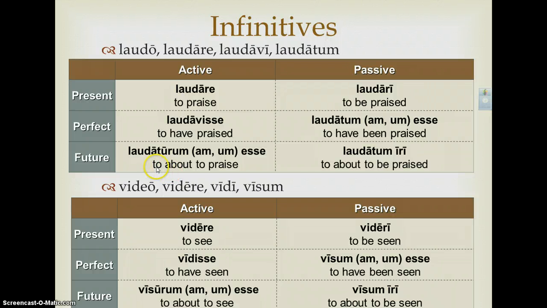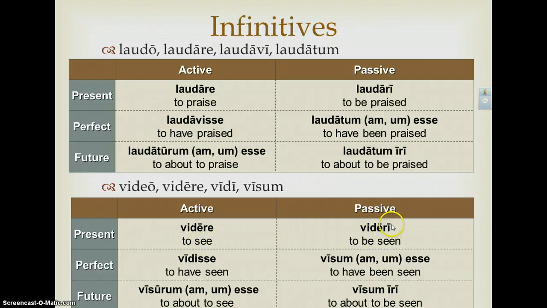The future active infinitive is the future active participle, again, usually with an infinitive ending, which I'll explain in a couple slides, to be about to praise. And then the future passive infinitive, laudatum iri, to be about to be praised. Okay, so second conjugation, videre, to see.